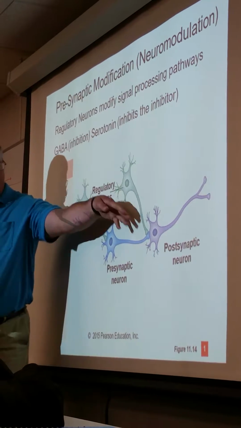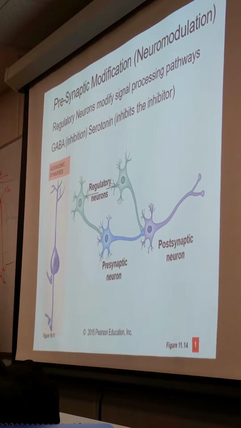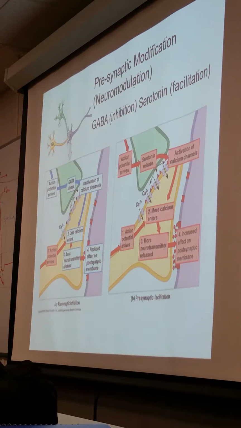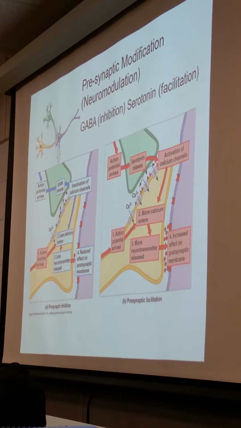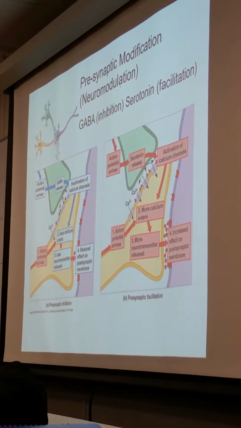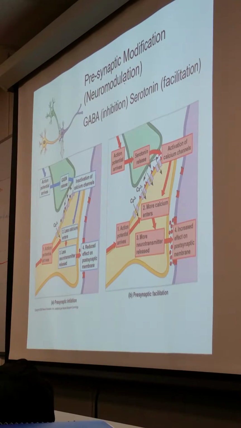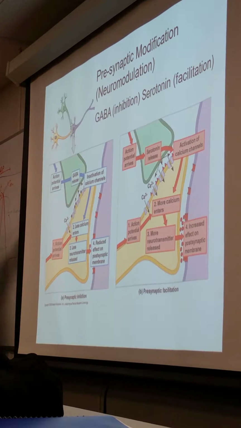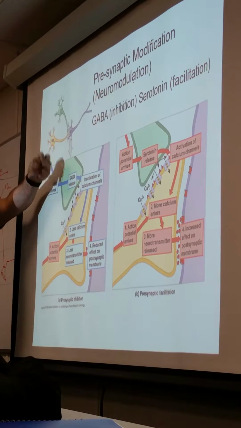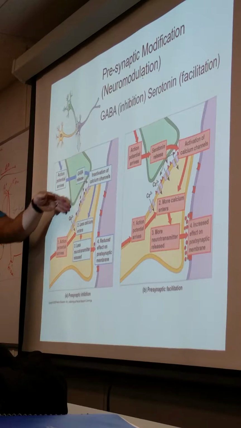Green says, hey, I'm going to interfere with that. That's neuromodulation. Now it could be either excitatory or inhibitory. GABA is an inhibitory neurotransmitter. What happens with GABA is when GABA is released, it blocks these calcium channels.